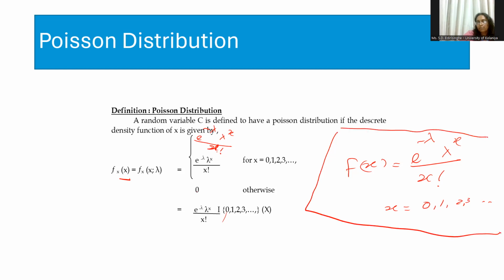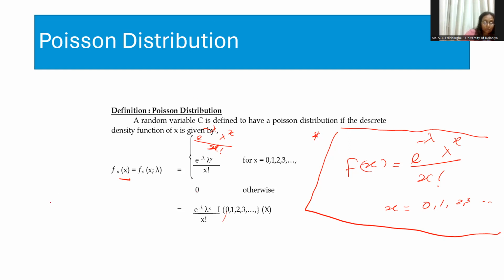This is enough. So if we carefully observe the properties of Poisson distribution, we can define the values of the summary measures as mean and the variance.